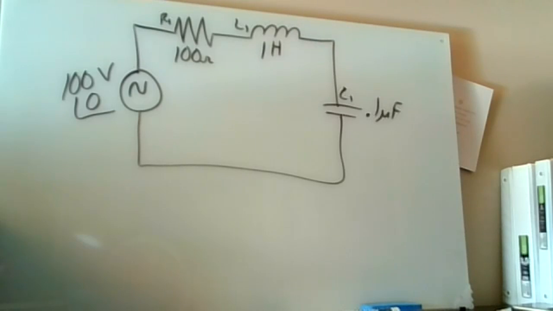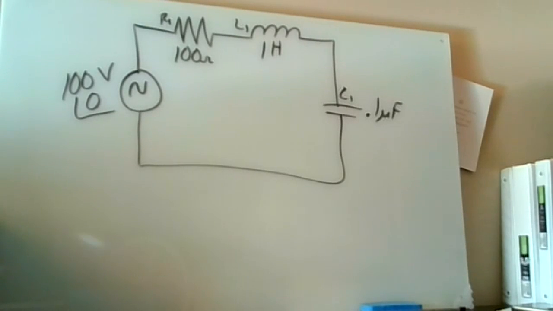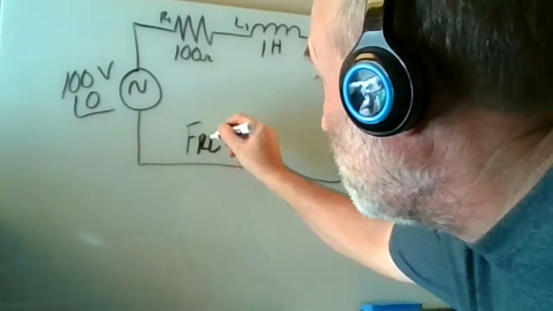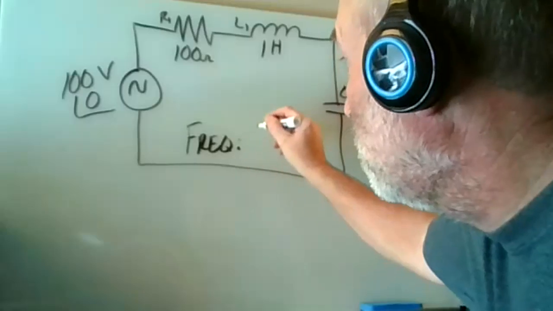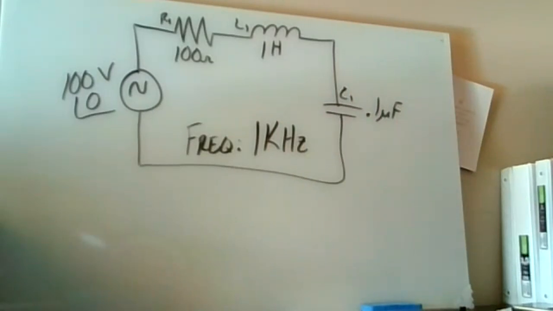The next thing when I go through these, I know I'm in phasor. So I just told you if it's in phasor, I also have to give you a frequency. So the frequency, we're going to say is 1 kHz. If I don't give you a frequency, you can't solve it.